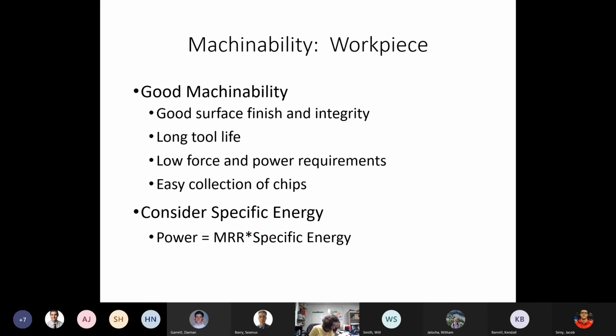Now, a material property is specific energy. MRR is material removal rate, and that is going to be dependent on the feeds, depths of cut, and width of cut.